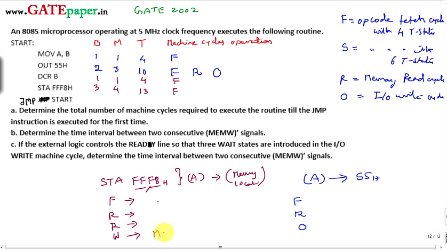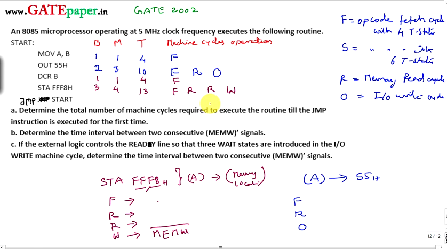It requires the memory write bar signal. During this machine cycle, the microprocessor generates the MEMW signal. So STA requires 4 machine cycles: first is opcode fetch, second is memory read, third is memory read, and the 4th machine cycle is memory write operation.